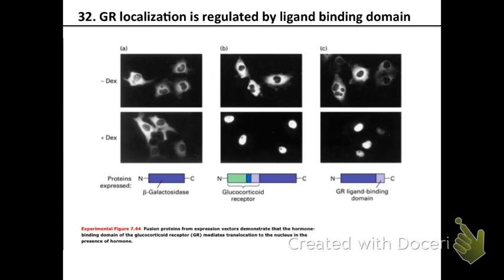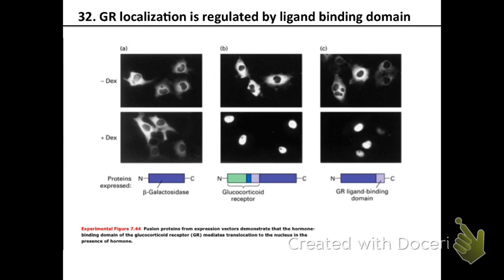Then you ask what domain is actually sufficient for doing that. And what you do is the same experiment with the reporter fused to the domain that you're analyzing. So this is the ligand binding domain. And you can see that the ligand binding domain was sufficient in bringing that reporter into the nucleus upon the addition of the hormone. So you know that is the domain that is responsible for that subnuclear localization.